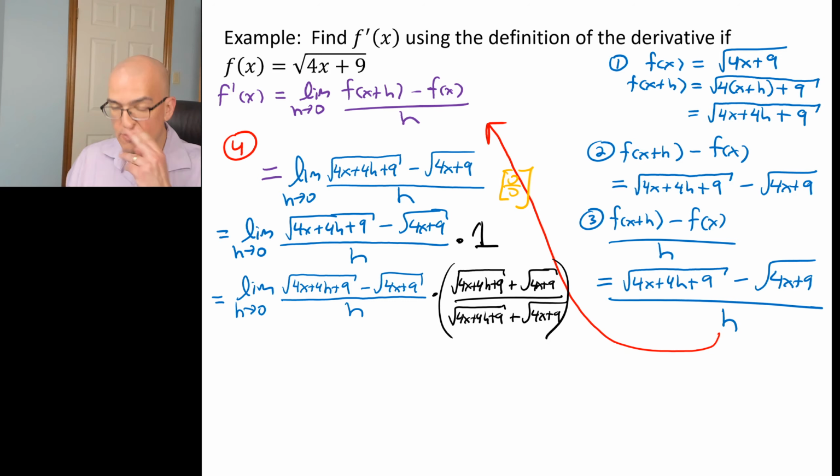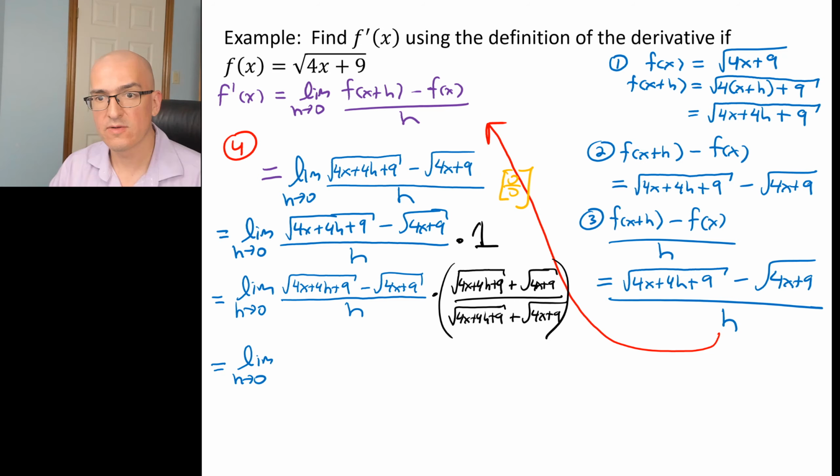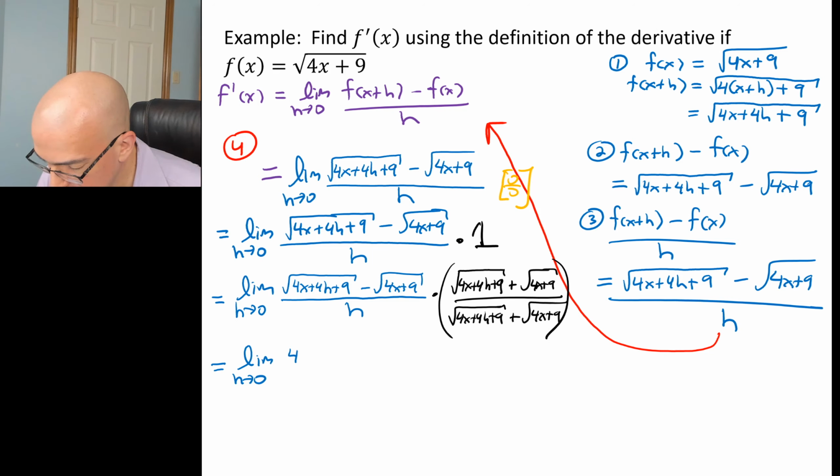Okay, and now we FOIL the top. Do not FOIL the bottom. Don't expand it out. You'll hide the simplification that happens. Limit h approaches 0. We have root a times root a, which is just a. So 4x plus 4h plus 9.